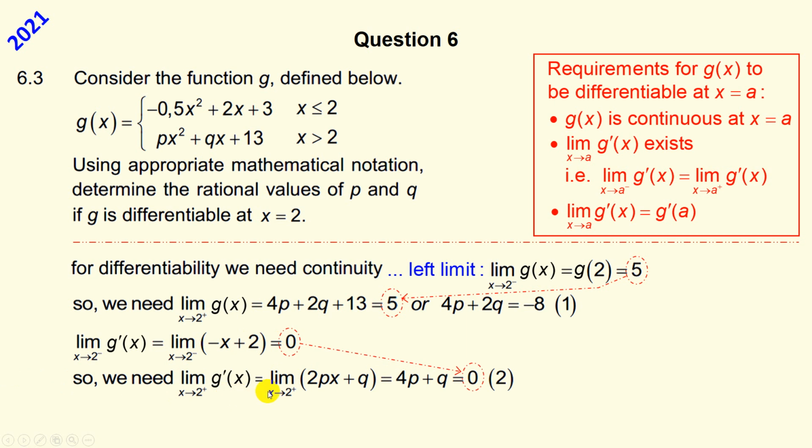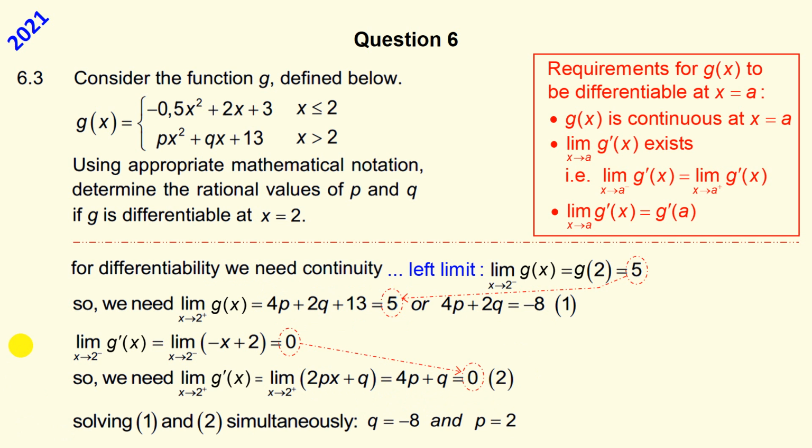The right limit, that's when x is greater than 2, so we're going to substitute 2 into this one. So we get 2px plus q. We're going to substitute the 2 in, and it must equal 0. And there's equation number 2. So we have equation 1, we have equation 2. And we're going to solve them simultaneously, and we get our values of p and q.